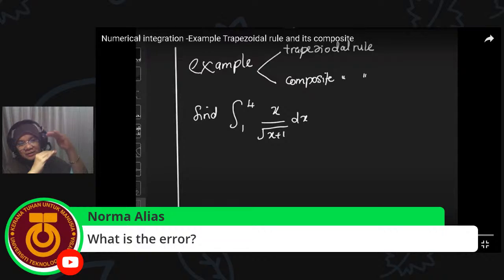So the difference between the graph and trapezium we call an error. So we go to exercise 6.1, where you can get more detail on the power of the composite trapezoidal rule.